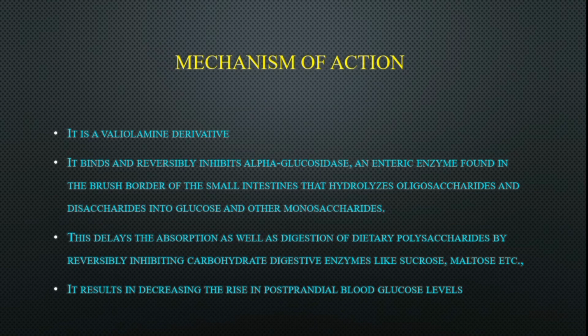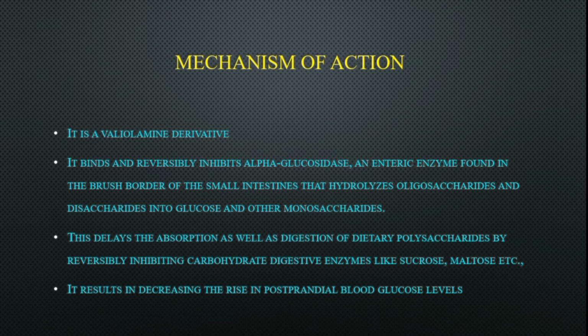So Voglibose will bind and reversibly inhibit this enzyme in the small intestine. The alpha glucosidase enzyme functions by hydrolyzing oligosaccharides and disaccharides into glucose and other monosaccharides. So this is the function of alpha glucosidase.